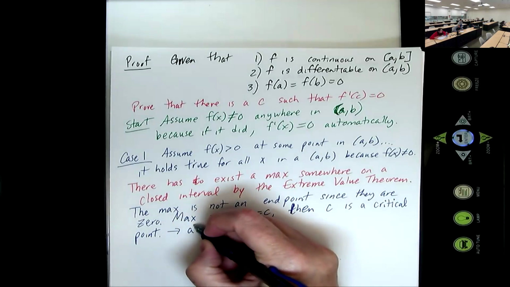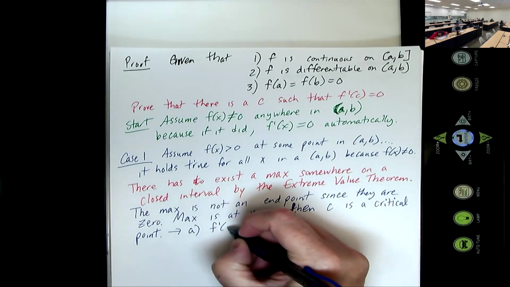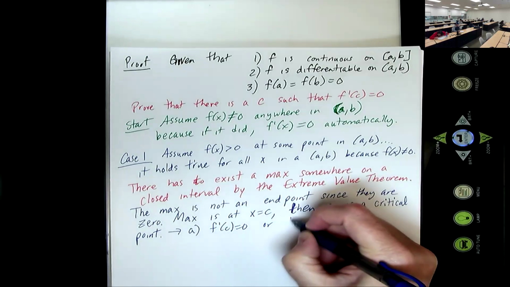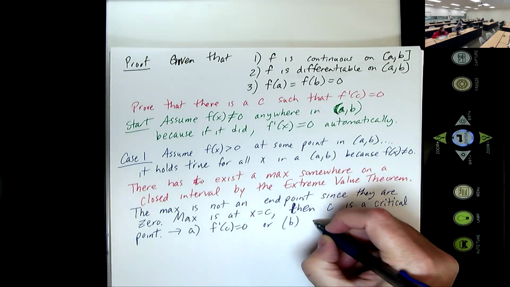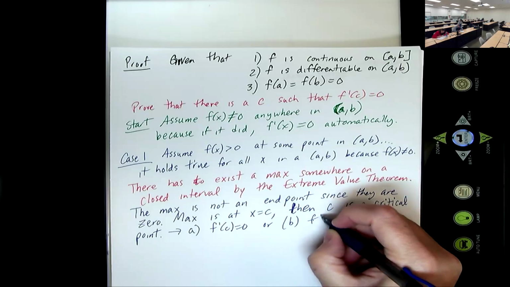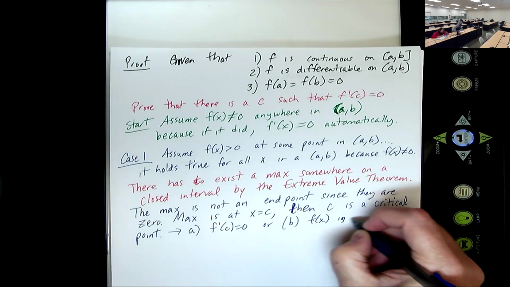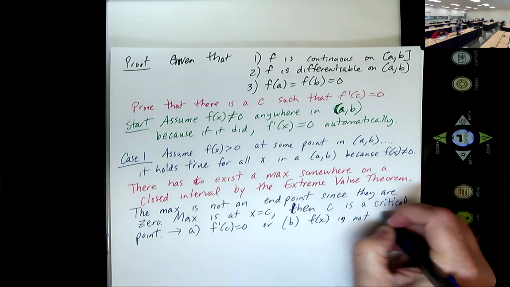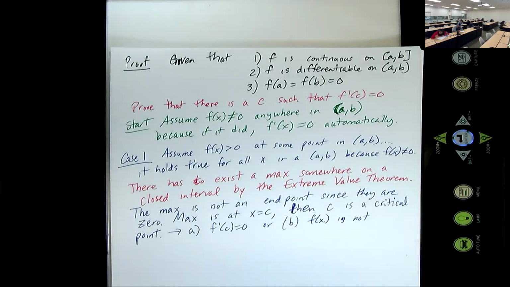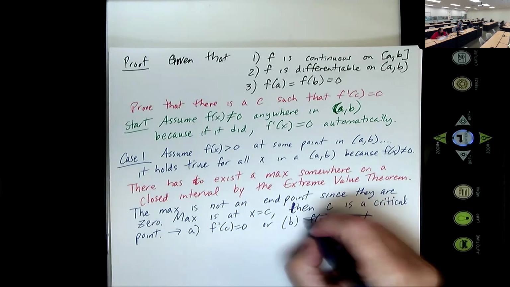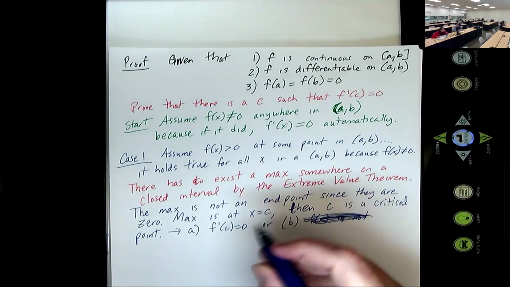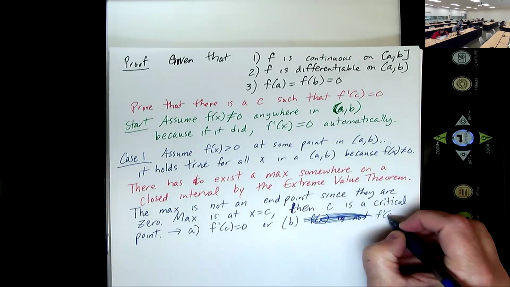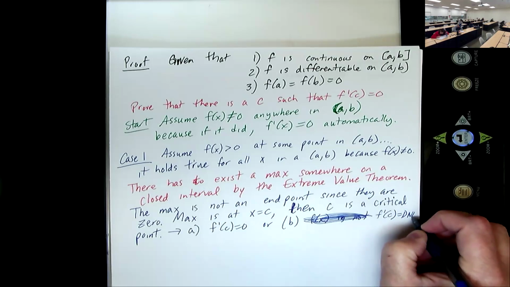Either A, f prime of C equals 0, or B, f of x is not differentiable. Wow, this is an easier way to write it: f prime of C does not exist.